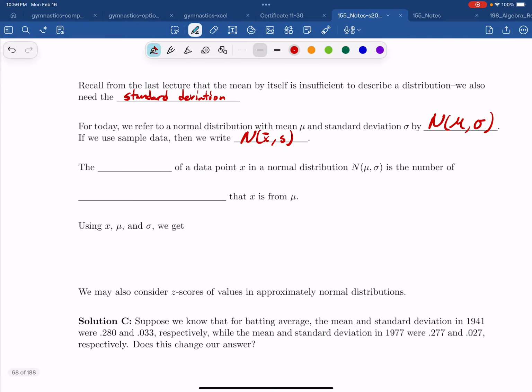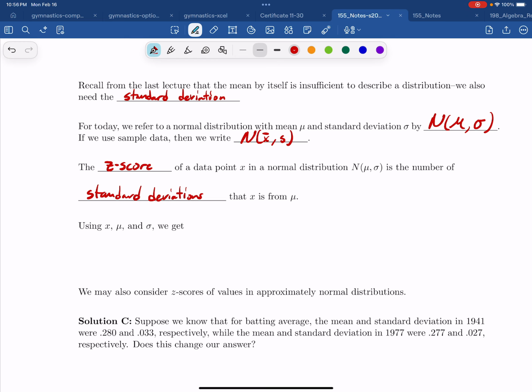So anyway, the z-score of a data point x in a normal distribution is the number of standard deviations that x is from the mean. This is extremely important.